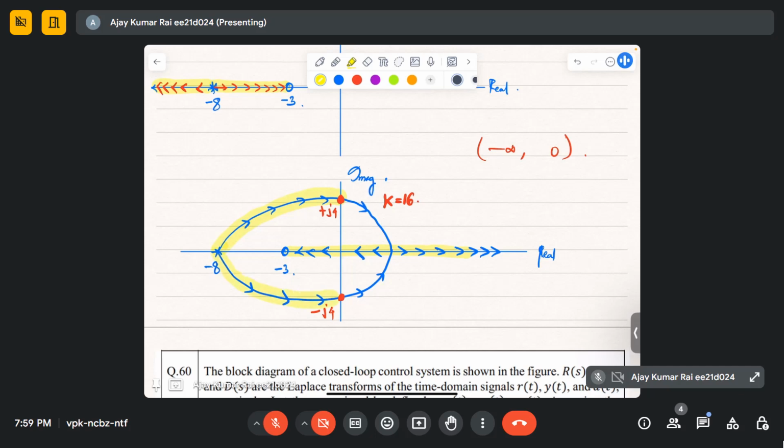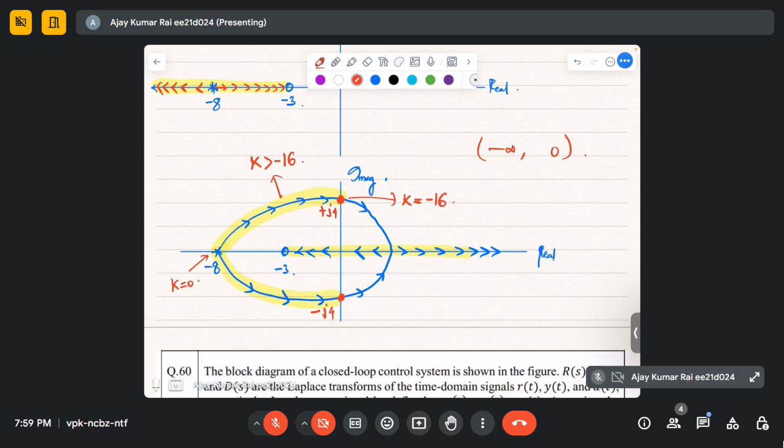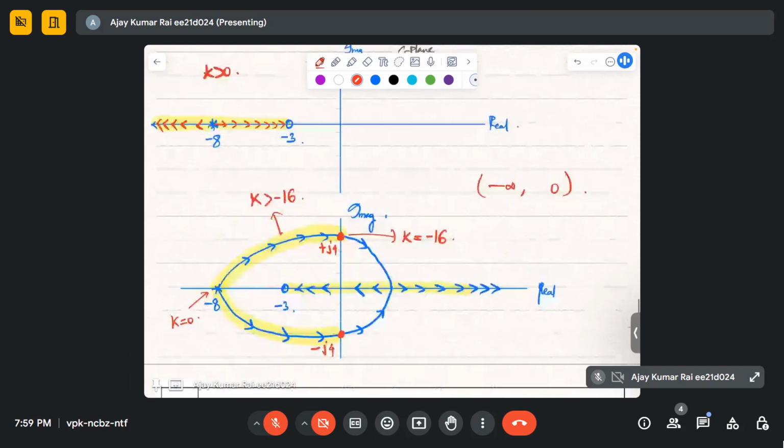Where the roots are always positive, though k is negative. Here k is negative, but k is greater than minus 16, because this is the 0 point, k equal to 0, and this point is k equal to minus 16. I hope I made it clear.